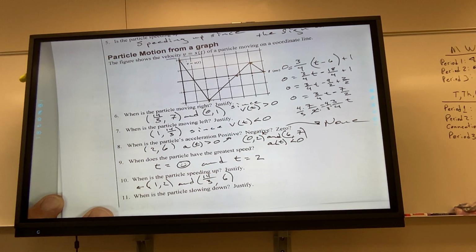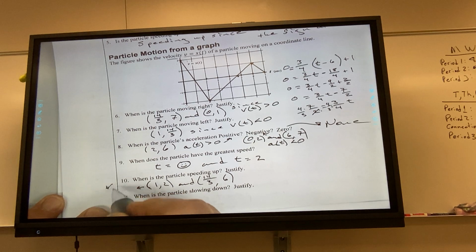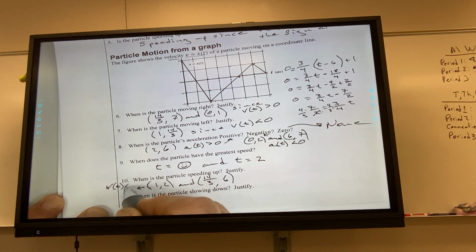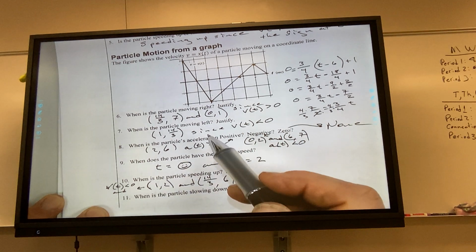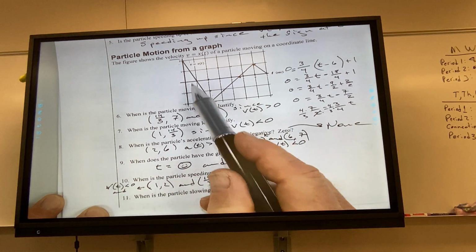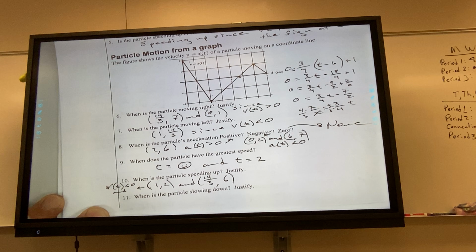It's increasing in the negative direction. It's less than 0. Yeah. And what can you tell me about the acceleration from 1 to 2? It's constant. You're right, okay, but I want in terms of whether it's positive or negative.